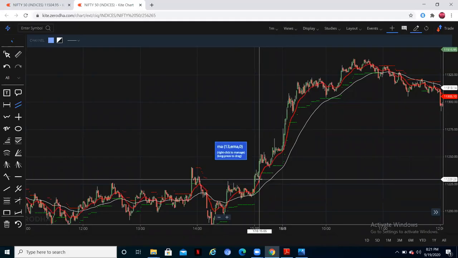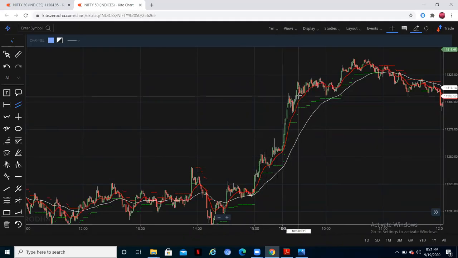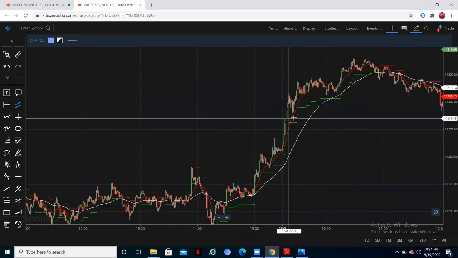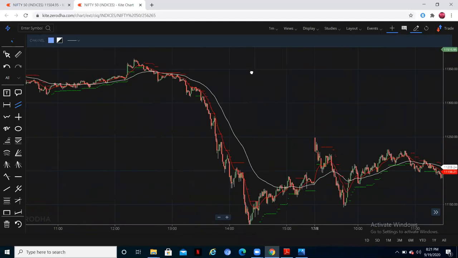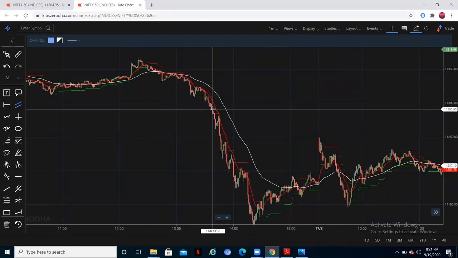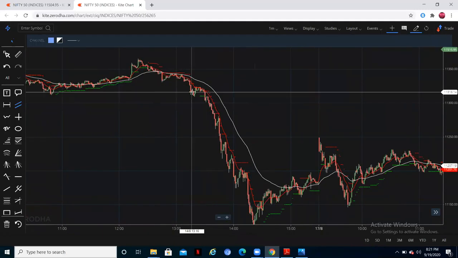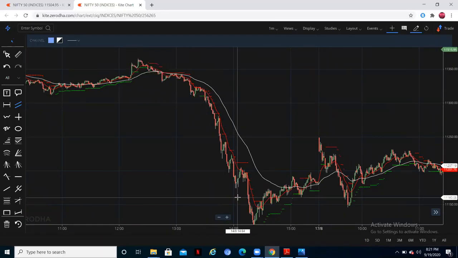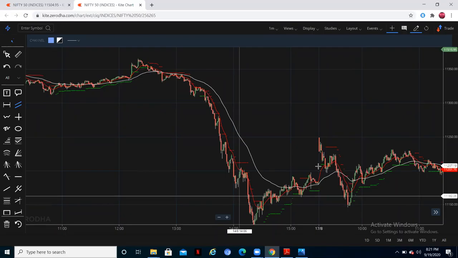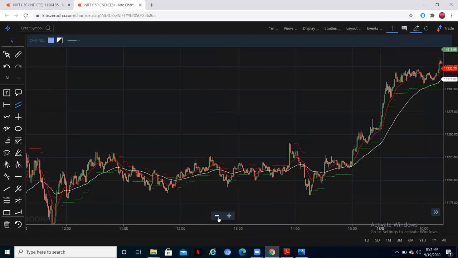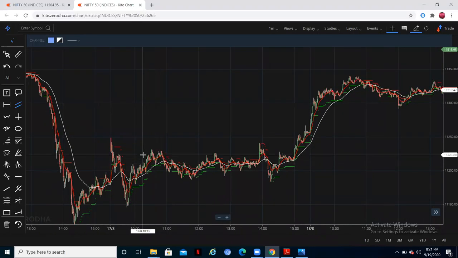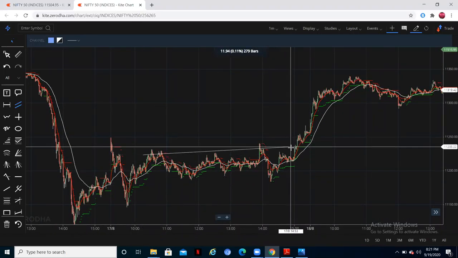The first is if you are trading in a continuous uptrend, that is, you buy the stock and the stock price keeps on increasing, or you are trading in a continuous downtrend, that is, you sell the stock and the stock price keeps on declining. These are the only two scenarios which are going to give you a profit, and just a single case in which you will be booking a loss, which is when you are entering in a consolidation.